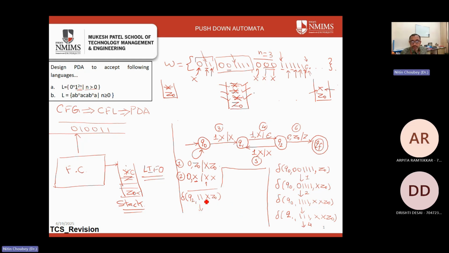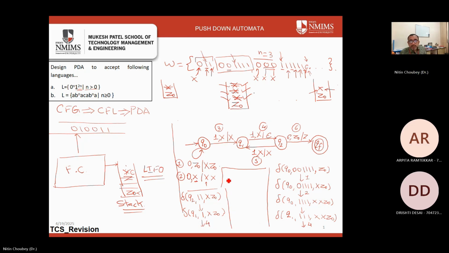Next, Q2, 1X, keep the X as it is. Ultimately, we'll go to Q1 again. First one will get consumed. X will remain as it is. Z0 will remain as it is. Next, Q1, 1X, which matches with rule number 4.